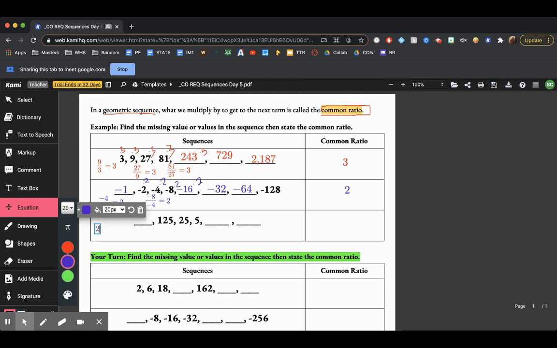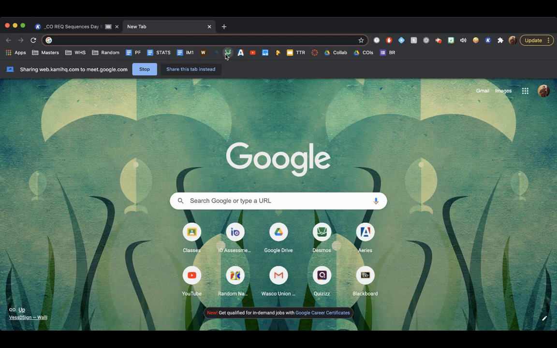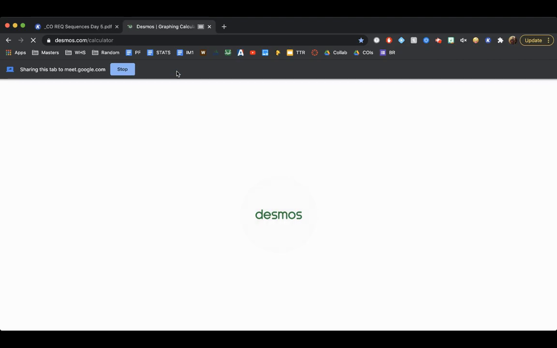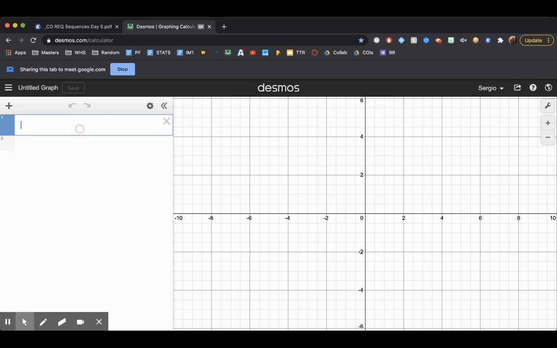So 25 divided by 125, and I'm going to go to decimals in this case so that I can show you how to do this one. That gives me 0.2. But when we type our common ratio, we never type decimals. We always go to fractions.